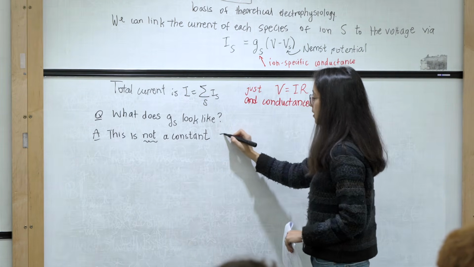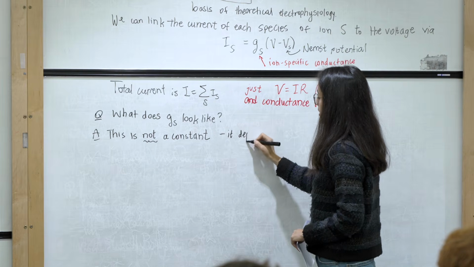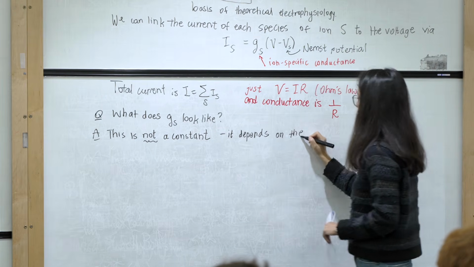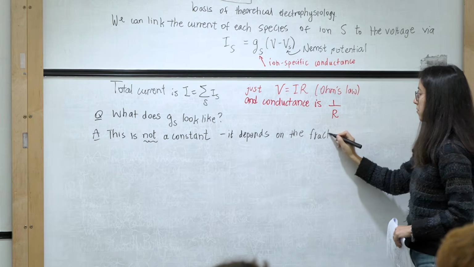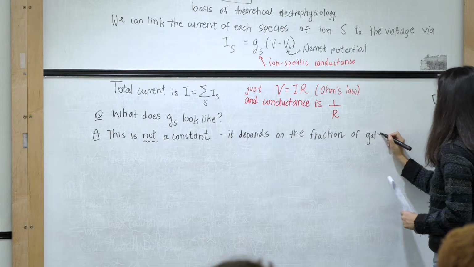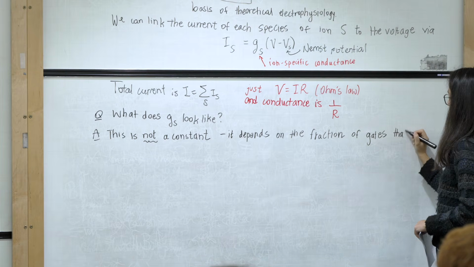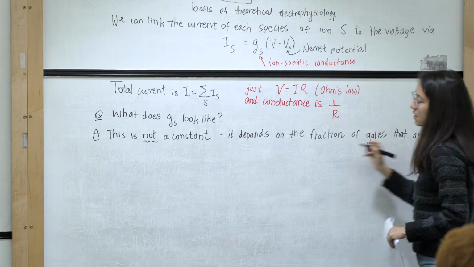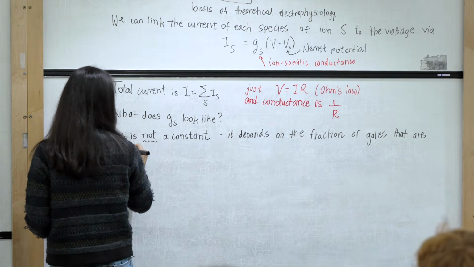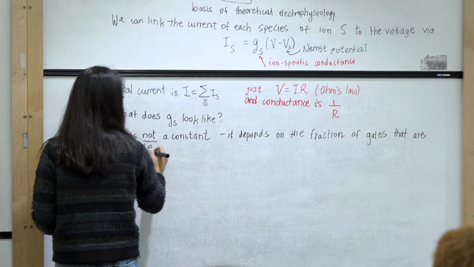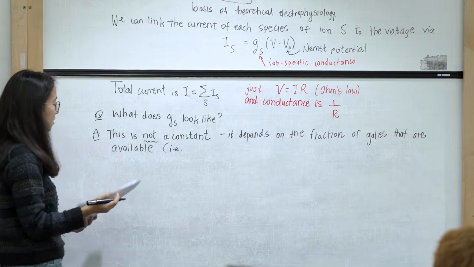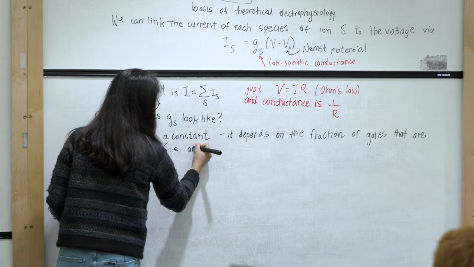It's going to depend on the number, or the fraction, if you will, of gates that are available. Again, I'm talking about specific species of ions here. So meaning which fraction of all gates are open.